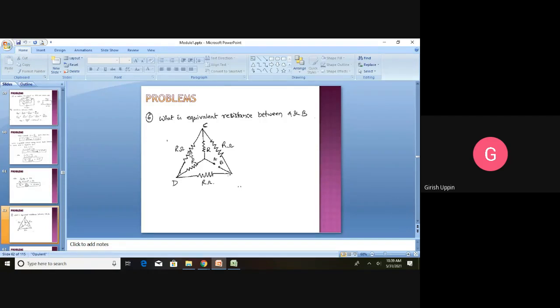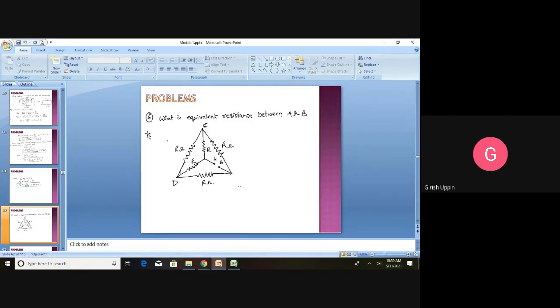Pull out this node on this side and see what happens. That is the hint for solving. So just pull this on this side.